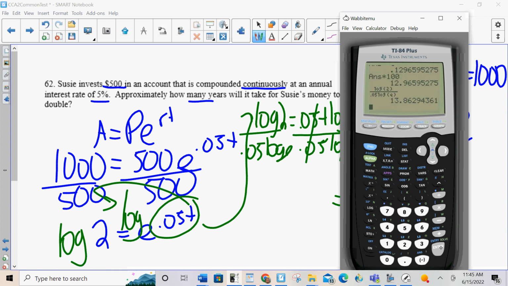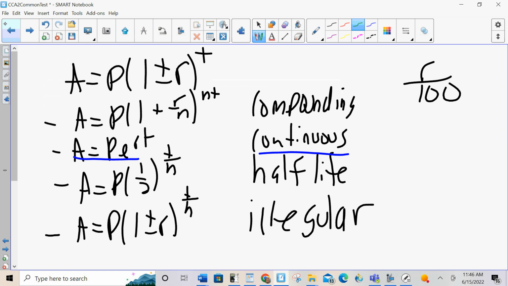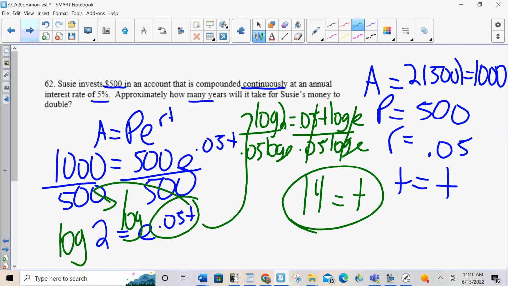And again, it should say what to round to. I didn't, so I'll just round to the nearest year. T equals 14. When you're finding t, you're going to have to do log of both sides, but again, you need to know your exponential modeling formulas, or else you're not going to get very far.